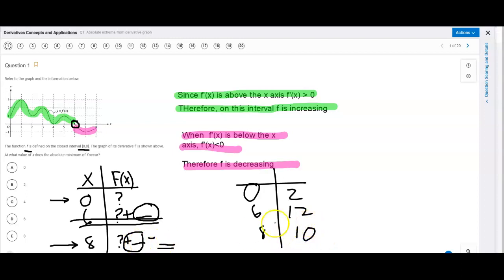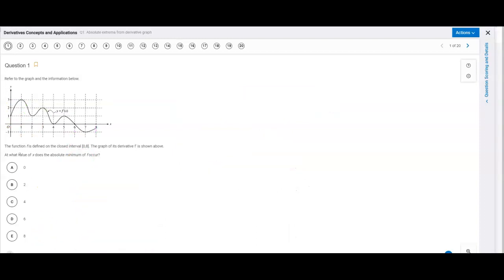And therefore, as you could see here, our minimum would happen right here at the beginning. Because even though we did decrease here, the amount that we decreased can't even begin to compare to the amount that we increased. And therefore, the starting point would have to be the absolute minimum. And so for this one, we would say the answer is A.